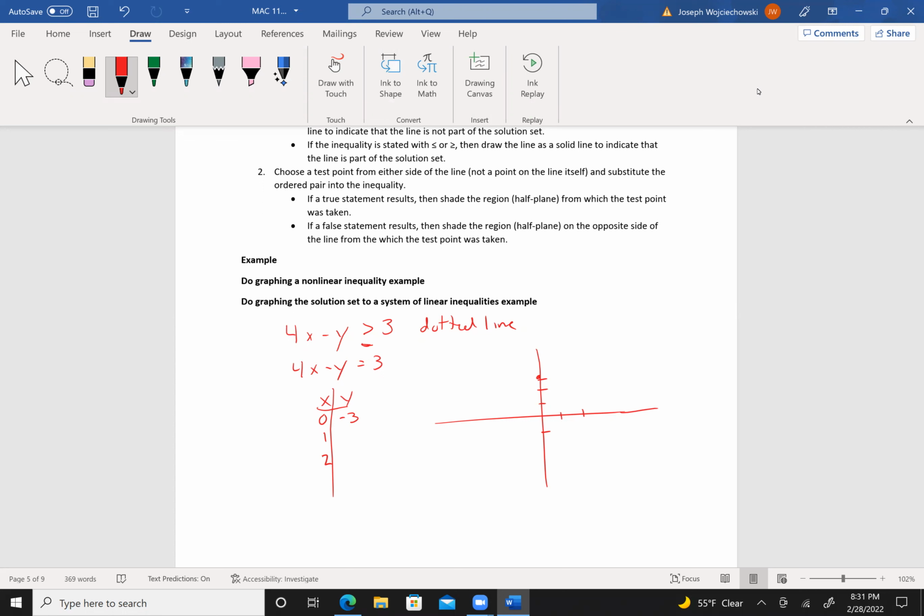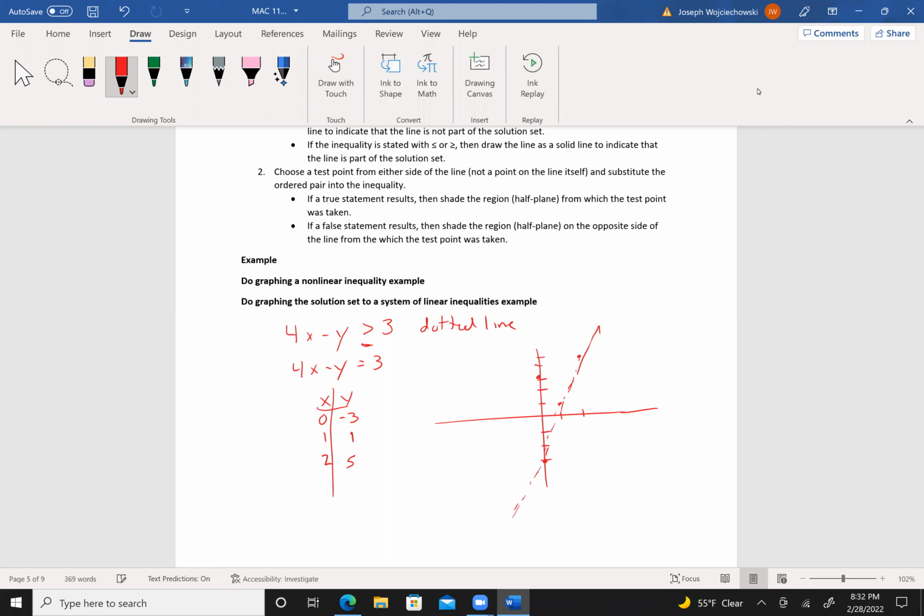So when x is 1, I have 4, which is -1, so y is 1. Then here I have 8, which makes this -5, which makes y 5. So I was running backwards. So we have 0, -3, we have 1, 1, and we have 2, 5. And again, dotted line.